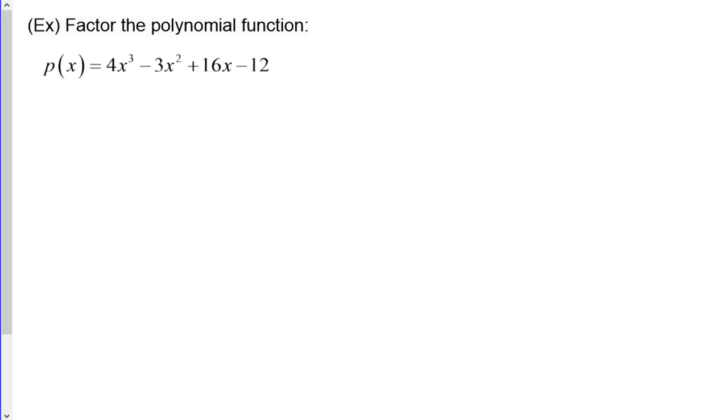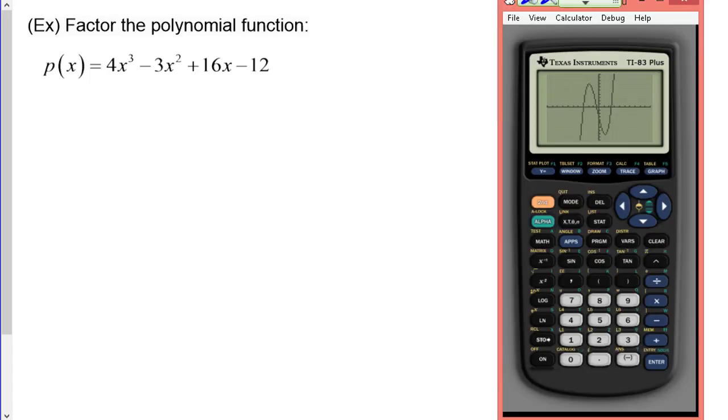All right, another example here. And again, I'm going to bring up the calculator and try to get initial zeros to start off with. So clear out what I was just doing. So this is going to be 4x cubed minus 3x squared plus 16x minus 12.